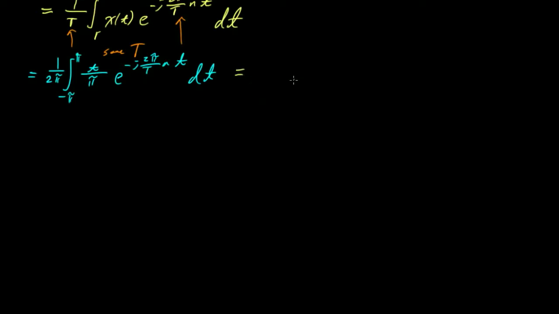I'm going to pull this pi out, so this is 1 over 2 pi squared. Now the integral from negative pi to pi, t e to the negative j n t.